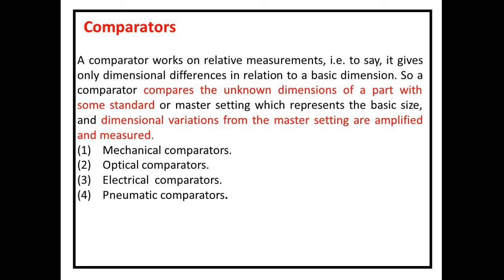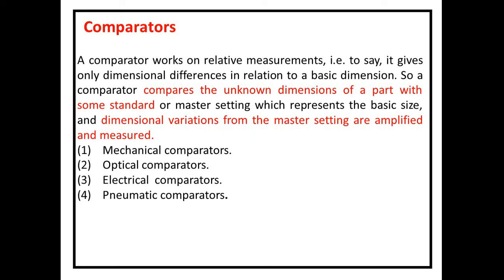Accuracy is very high, as well as the time required for checking with comparators is very less. A non-skilled person or non-skilled inspector can also check the components with the comparator. All these advantages are there, that's why the comparators are preferred in mass production.